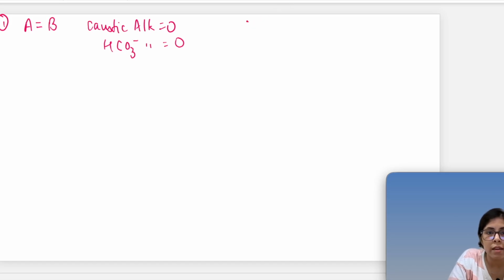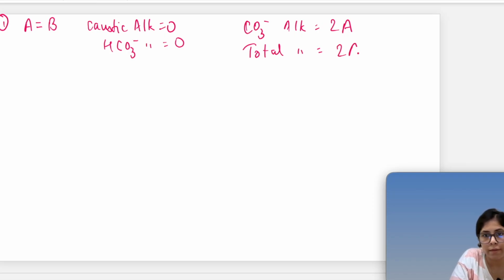Carbonate alkalinity is 2 times A, and total alkalinity is also 2 times A. Okay, and the initial pH was approximately 10.5.